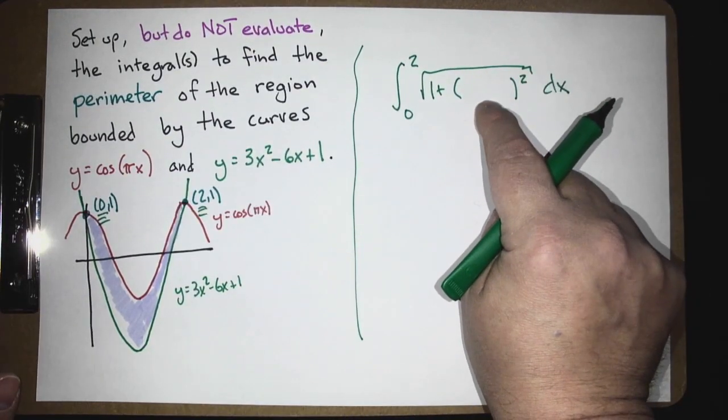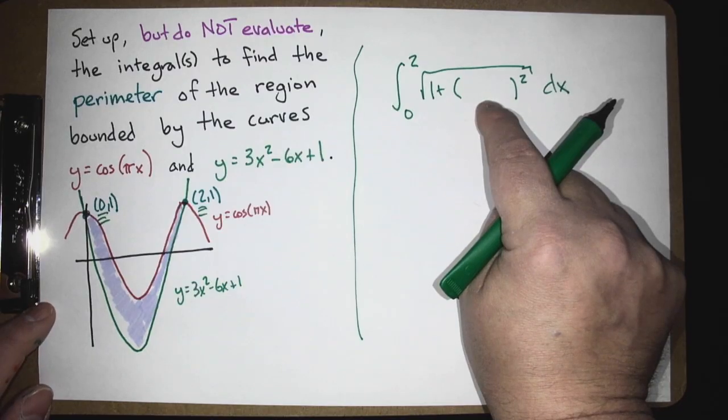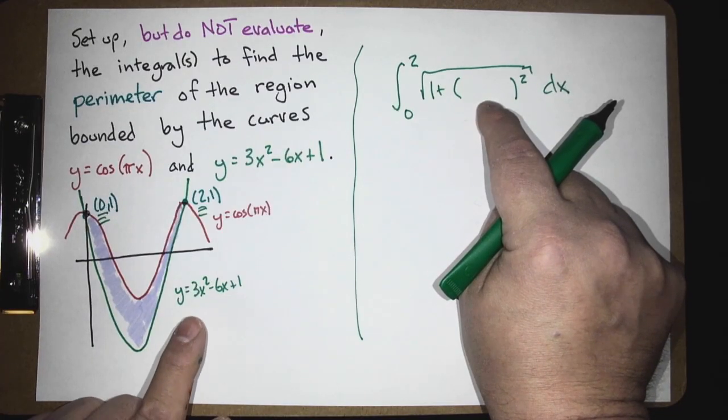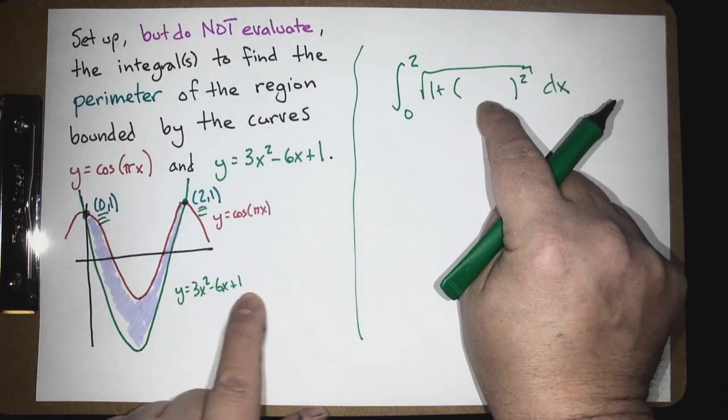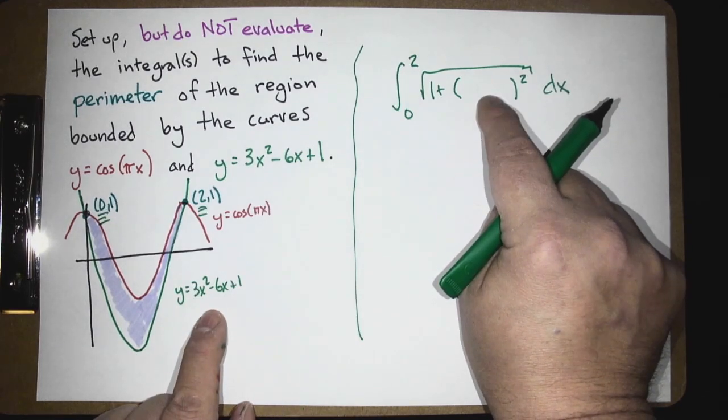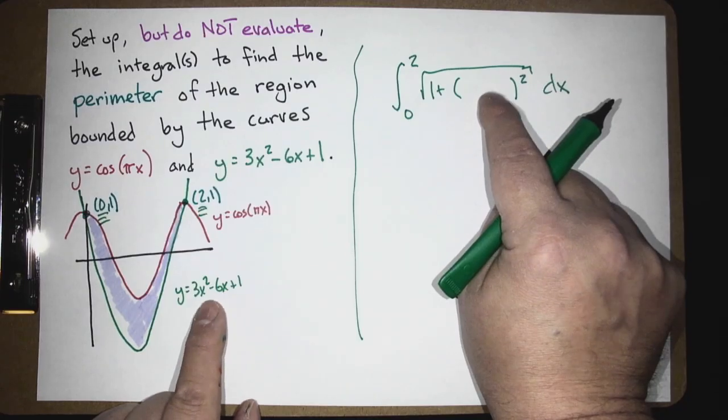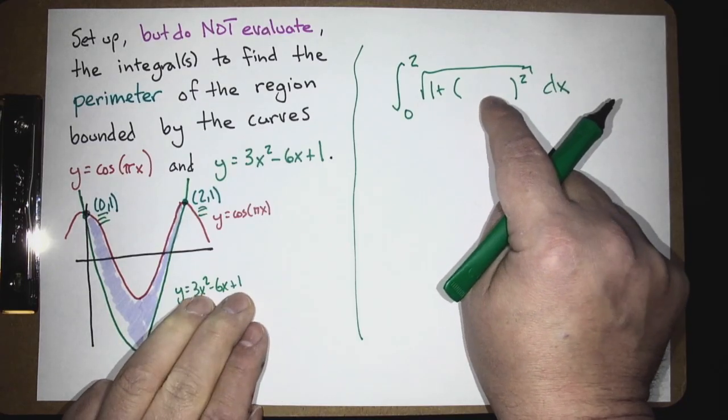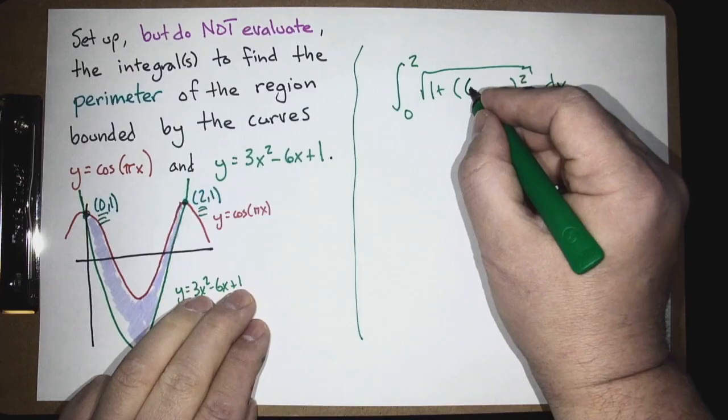What goes in this piece? So we're doing the parabola. This is our f of x. What goes here? The derivative of f of x. What's our derivative? 6x minus 6.